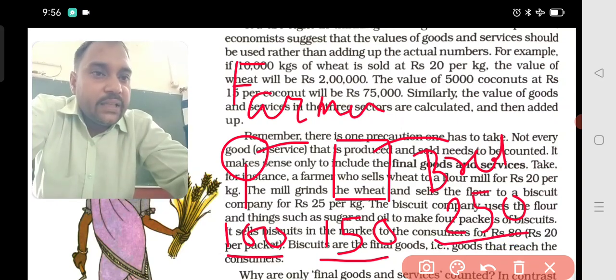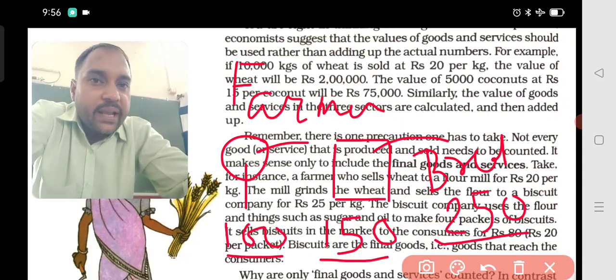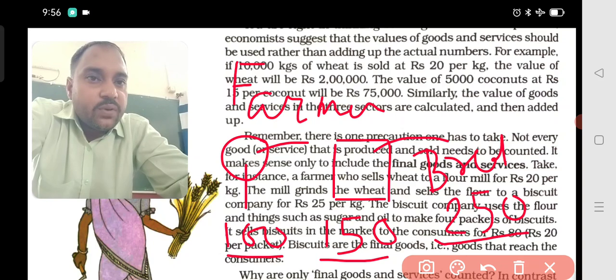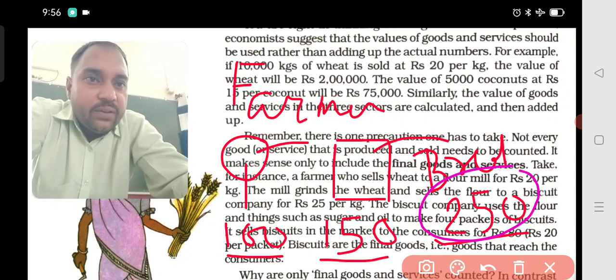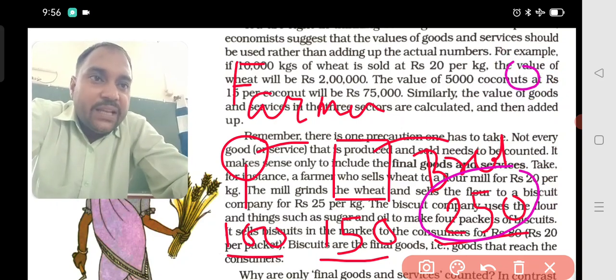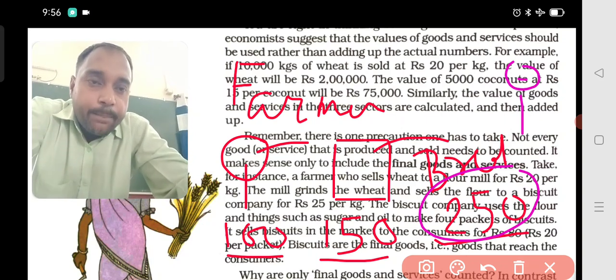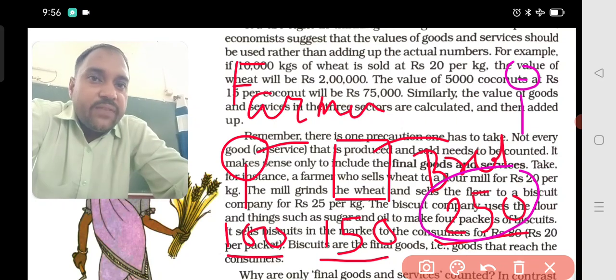Now in this very example, the point came to us of what value should be taken in the production of goods and services. It is told to us that only the final value. Now what is the final value? Final value is that value which is offered to the final consumer. If you are a final consumer and you purchase a product for consumption, who is the final consumer?